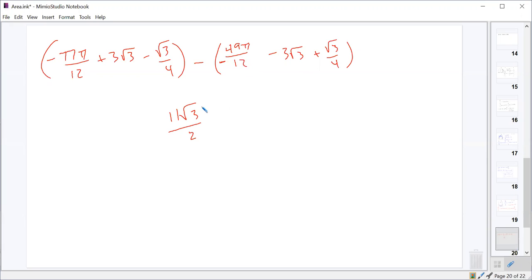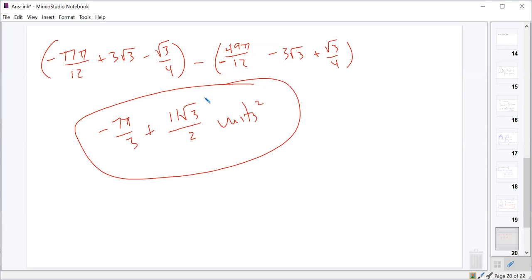Now I think that ought to become, let's see. Yeah, negative 7 pi over 3. That's better. All right. Good or no?